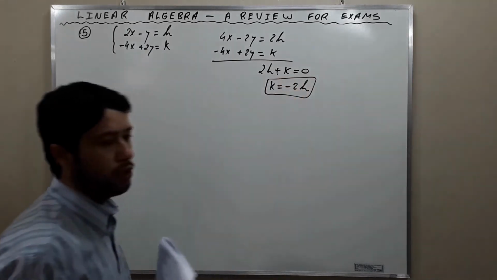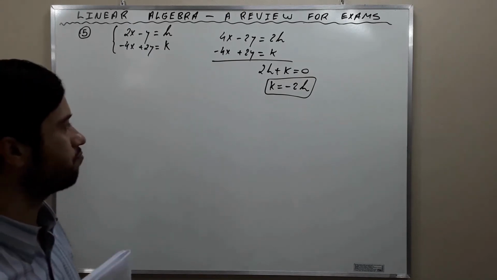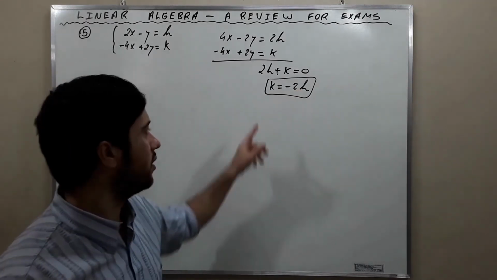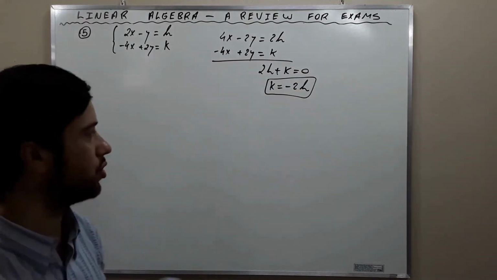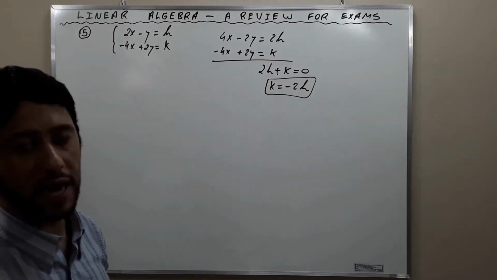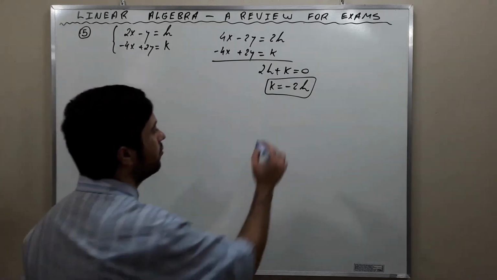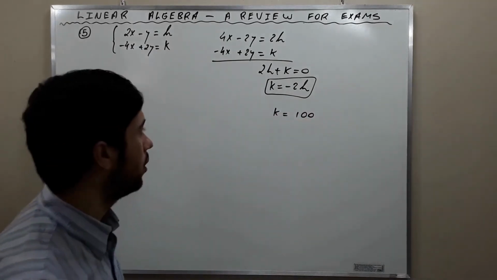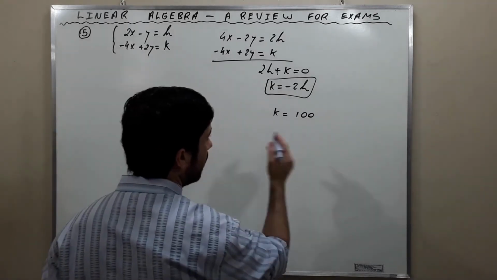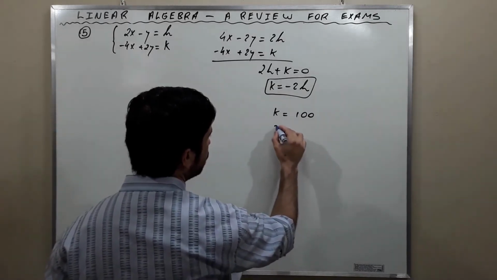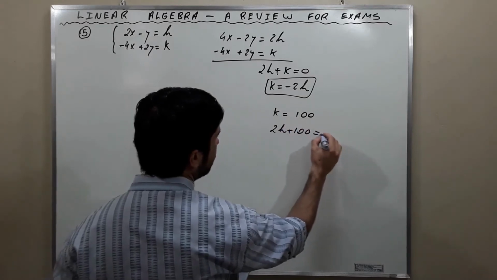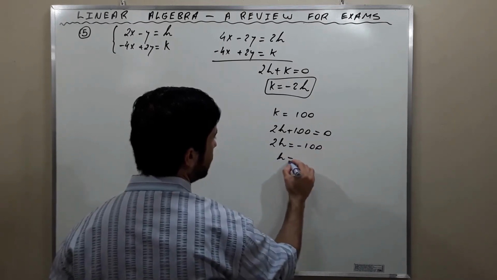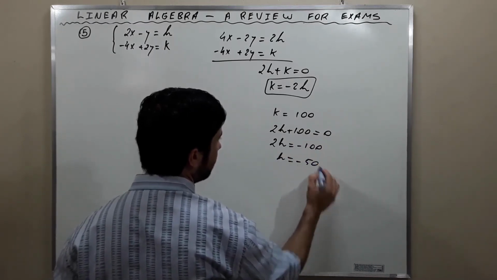The system will be consistent for any value of k and h such that k is equal to negative 2h. Let's choose any. For example, if k is equal to 100, then 2h plus 100 is equal to 0. 2h is equal to negative 100, h is equal to negative 50.